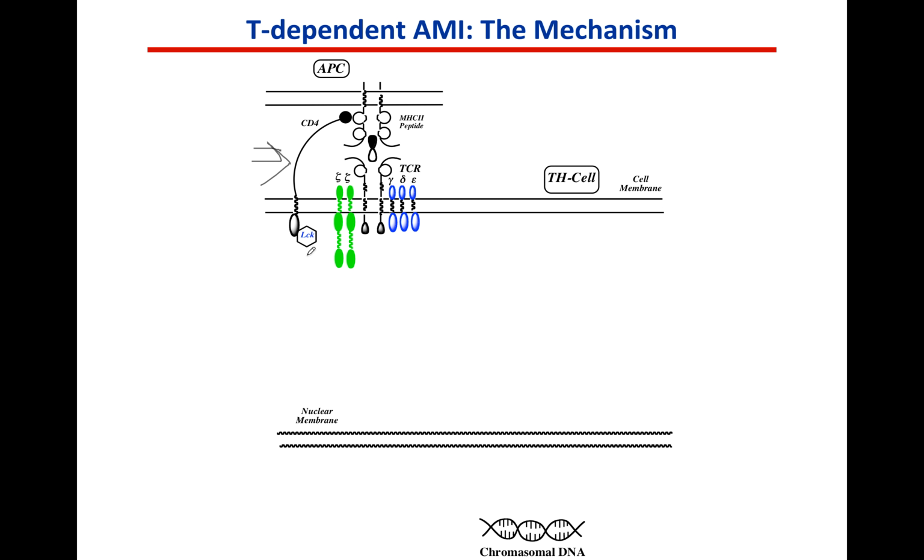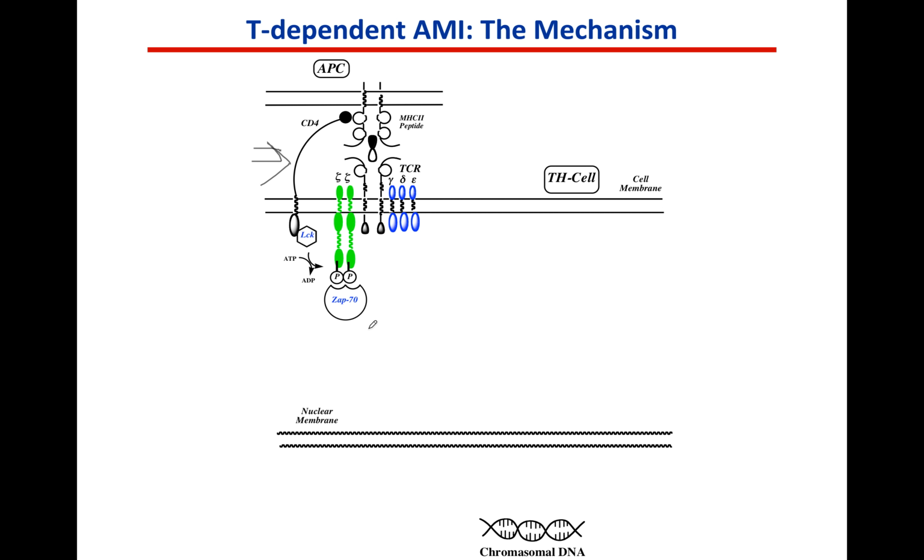This kinase will bind to the CD4 site when this complex is formed. This kinase then phosphorylates the zeta chain of the T cell receptor CD3. This results in the binding of another kinase, ZAP70, which, when these zeta chains are phosphorylated, provides a landing pad for ZAP70 to bind to the T cell receptor.